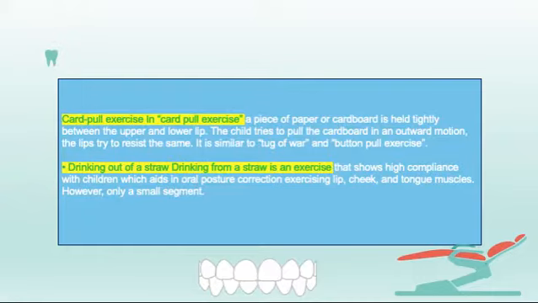Another exercise is drinking from a straw, an exercise that shows high compliance with children, which aids in oral posture correction and exercises the lip, cheek and tongue muscles. However, it only works a small segment.